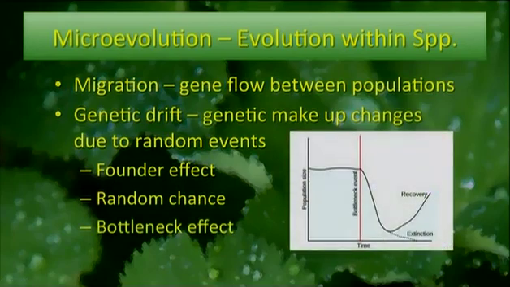And we have the bottleneck effect, okay, where you have a population of a certain size and you have some kind of bottlenecking effect that really decreases the size of the population. Okay, then you can have recovery in some cases, but a bottleneck effect is also a form of genetic drift. Okay, the genetic makeup changes due to random events. So these are the three types of events: the founder effect, random chance, and the bottleneck effect.